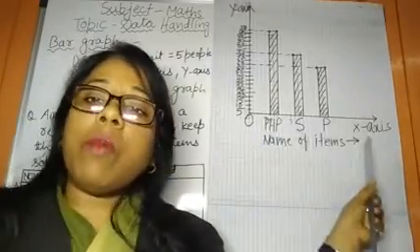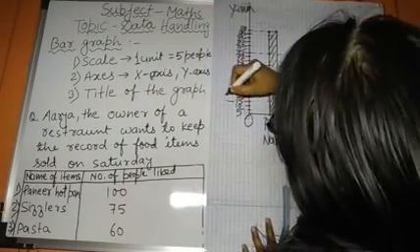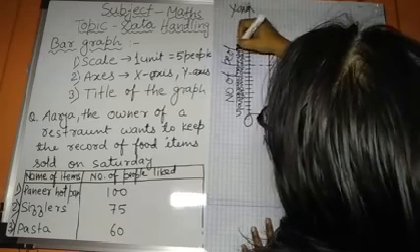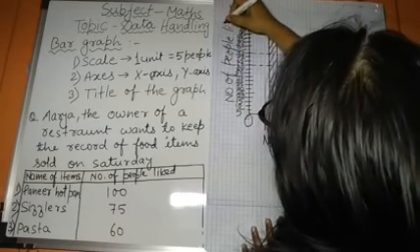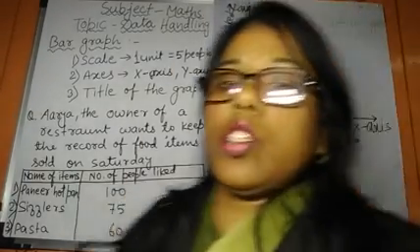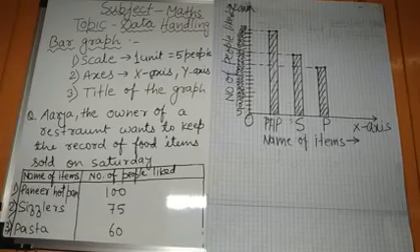Okay, this name of items is written on the x-axis, and on this side there are numbers, means we will write number of people liked. Fine. So these three things, and scale.